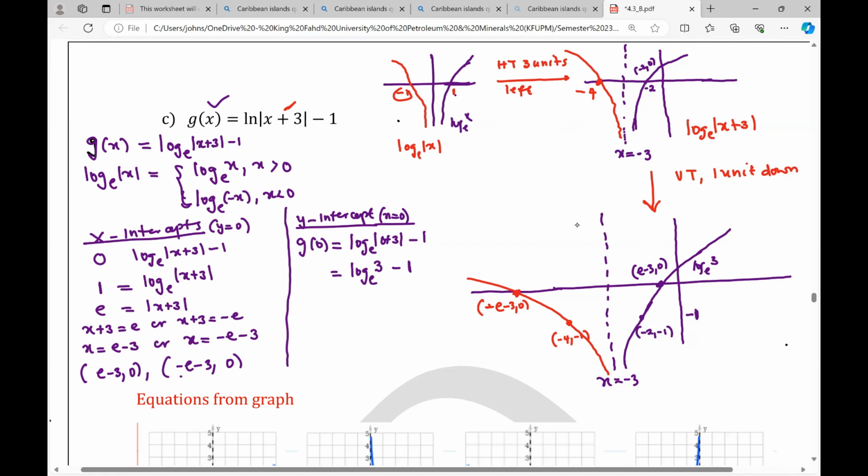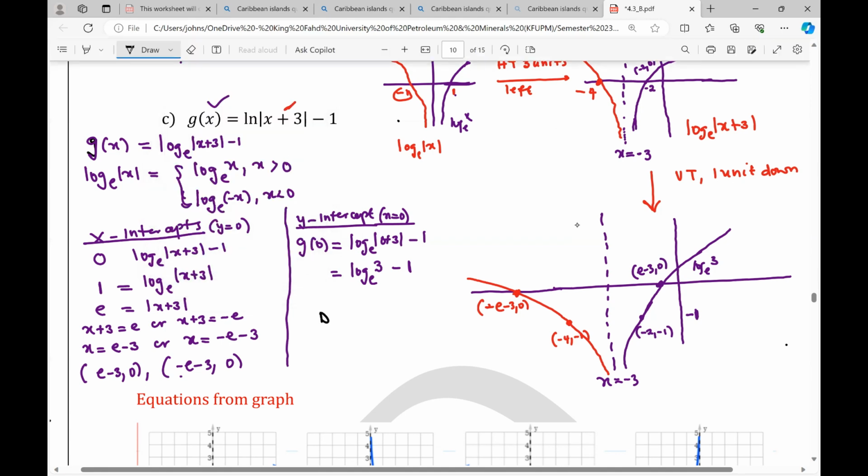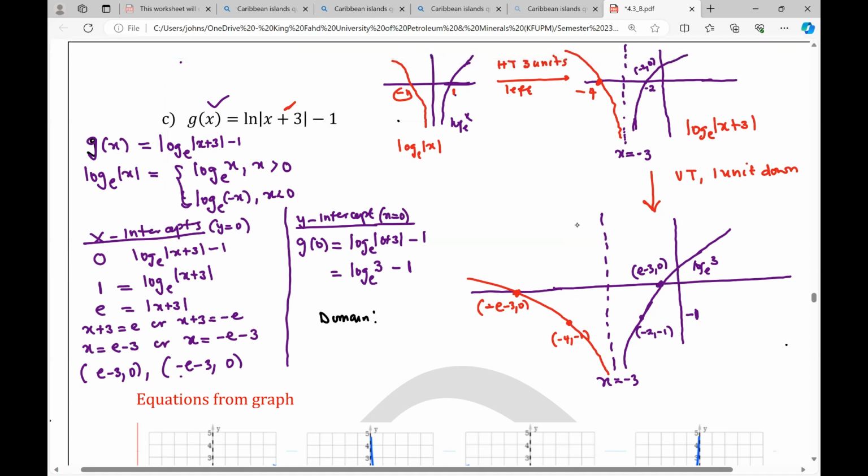So now we need to check to find the vertical asymptote. The vertical asymptote is already there, so let's put these details about the domain and all of that. So what will be the domain? The domain will be from minus infinity, but now the vertical asymptote will not be involved.